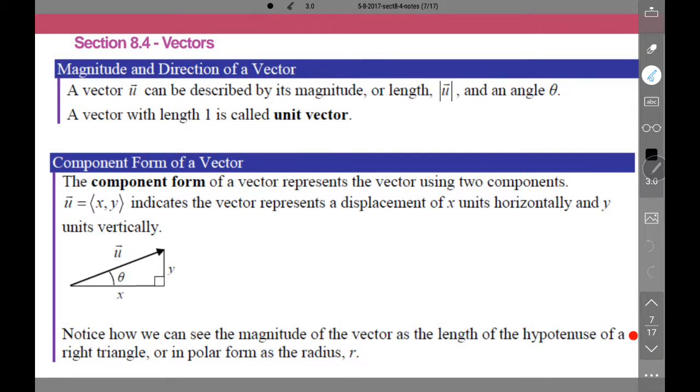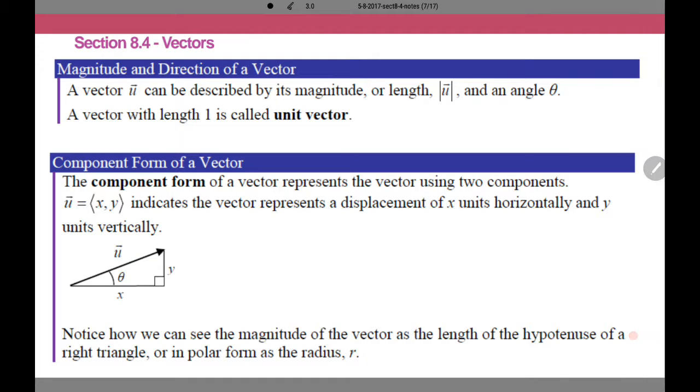What we will do is figure out the magnitude and the direction of a vector. And usually when we do that, we'll end up with component form. So the magnitude is the length. A lot of times you'll see it written down like an absolute value of the vector. And our angle is theta. So here's the great thing.